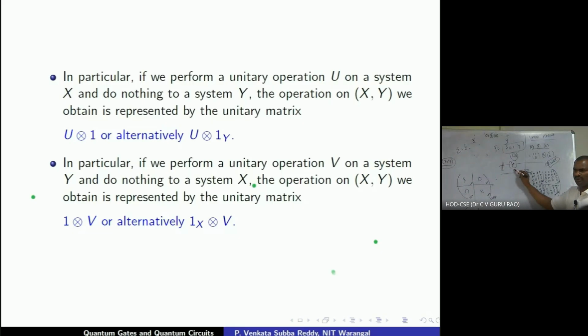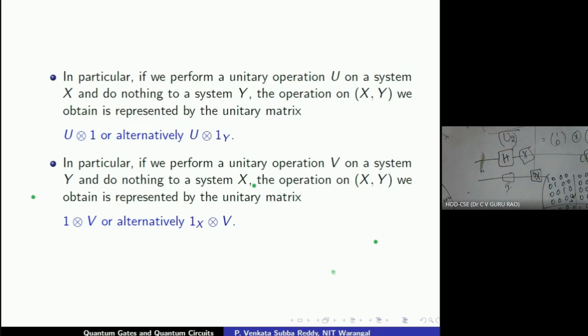In this case, I am not applying any gate, which means applying identity. Identity doesn't change the state. So this is Hadamard, this is identity. The combined operation is nothing but Hadamard tensor I. When some operation is missing, you can replace it with the identity operation, which means no change.